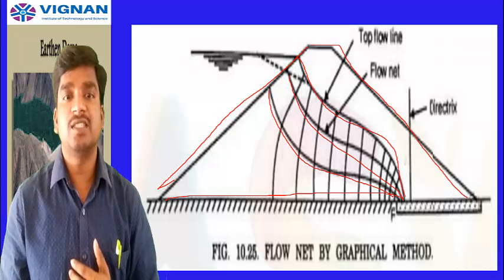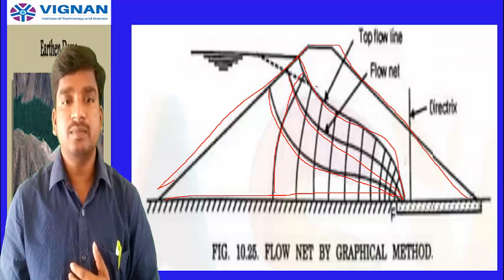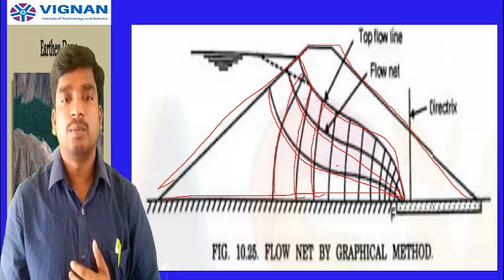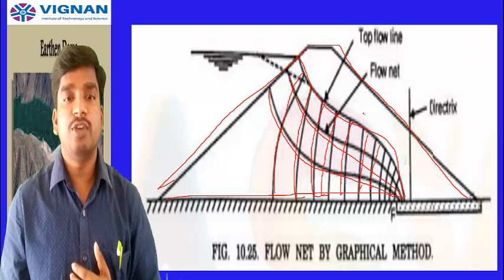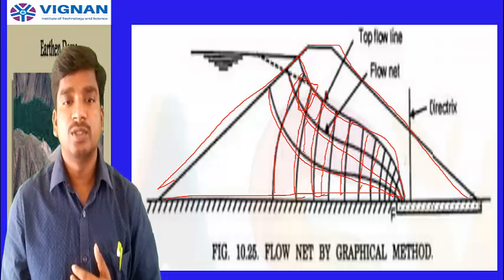So like this the flow lines are indicated, and these verticals are your potential drops. If you observe, these are almost like squares in shape, and they are gradually decreasing like this.